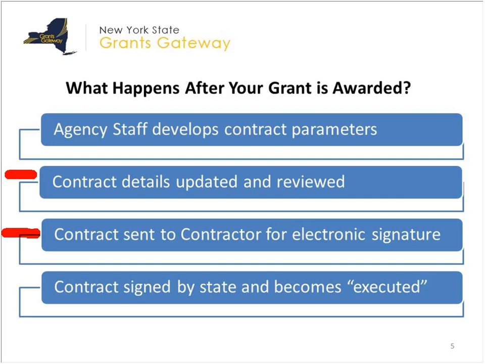But this third one here, contract sent to contractor for electronic signature, can only be done by the grantee system admin or the grantee contract signatory. And you'll see when I log into our system here, I'm going to be logging in as a grantee contract signatory. And then finally it goes through more signatures signed by the state, and it becomes an executed contract that you can now start working on.